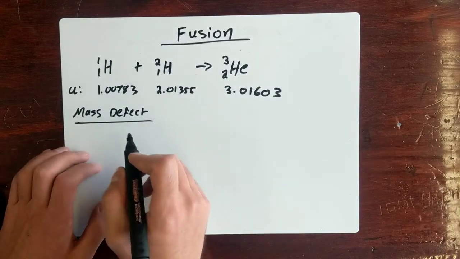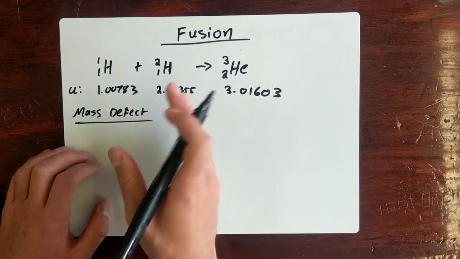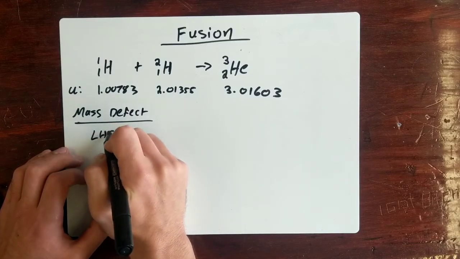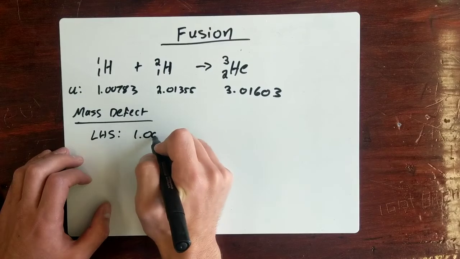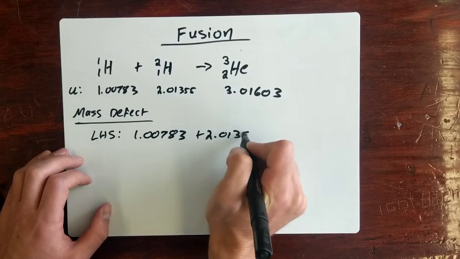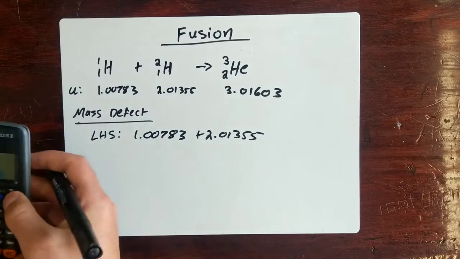So if we work out the sum of all the masses on the left-hand side of the equation, we have 1.00783 plus 2.01355. I'll get my calculator.